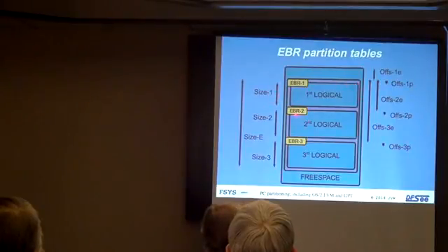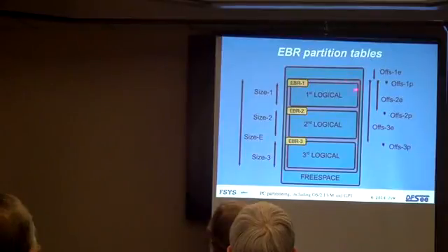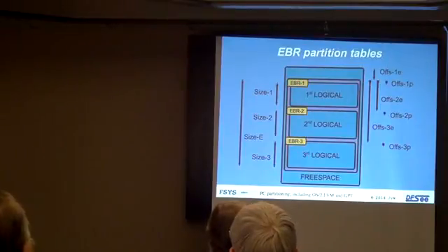On the second one, it's the same thing, except that the offset for this partition will be from the start of where this partition table is. But the offset to the next one, because all those things are chained, is always from the start of this container. So this one, this one, this one point to the location of the next logical partition.